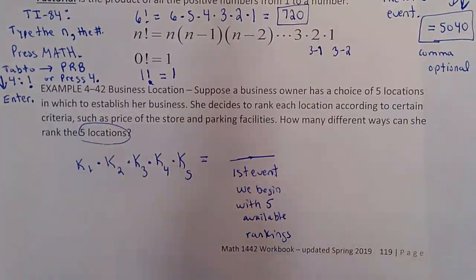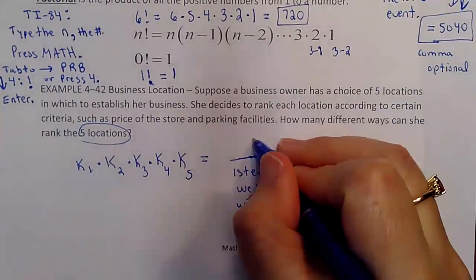She's going to rank each location, and she's got these criteria. So she's going to begin with some ranking, right? She's going to rank one of these locations. Maybe it's because the price is just right. It's got a really good price and she's going to keep her eye on it. But the first blank starts with 5.